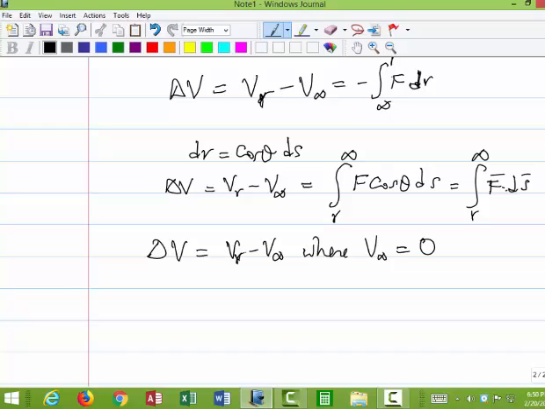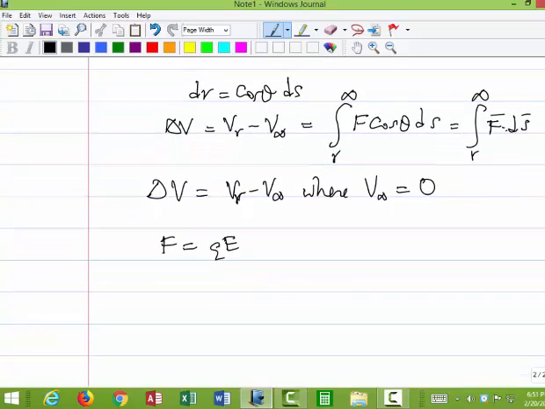V infinity is the potential at infinity, which we take to be 0, and F is equal to q times E, charge times electric field. The lowercase q is the charge that is being moved, and uppercase Q is the charge that is producing the electric field. So E is equal to Q over 4 pi epsilon naught r squared.